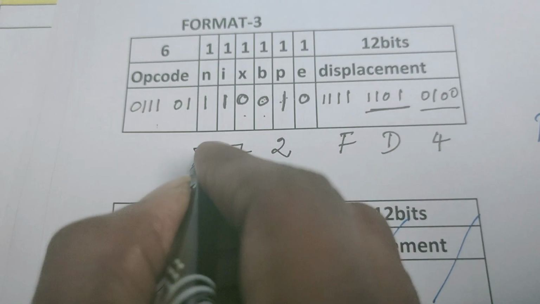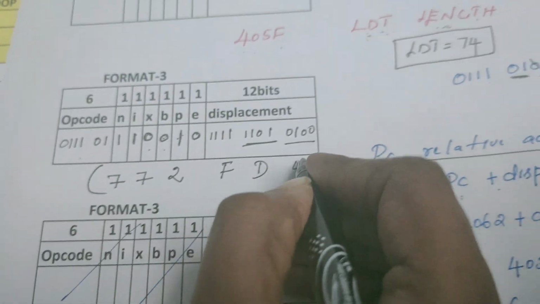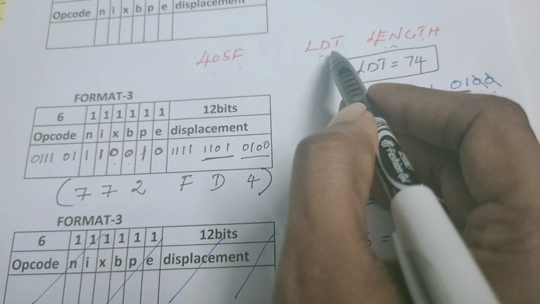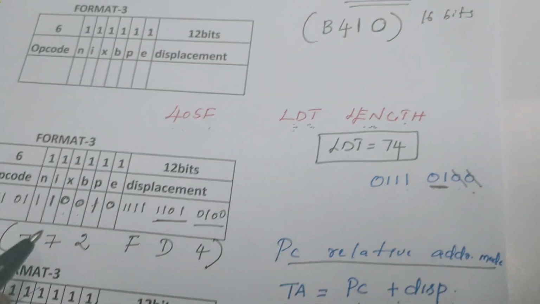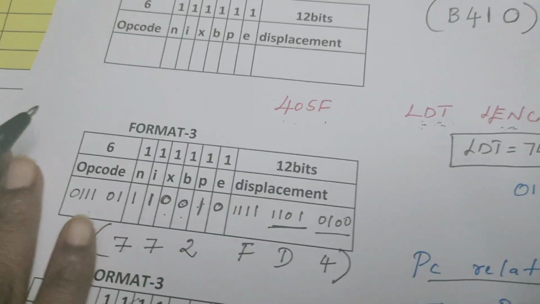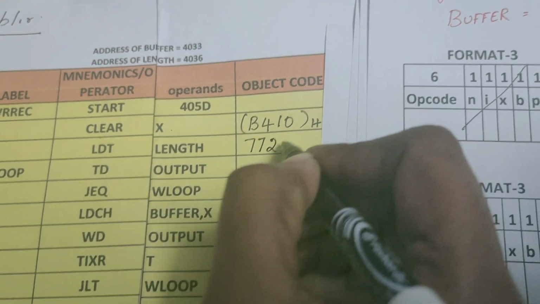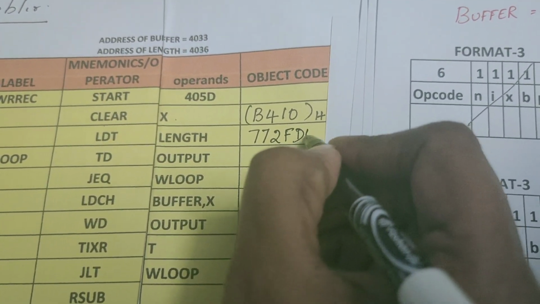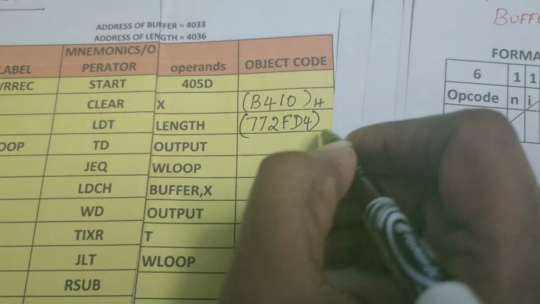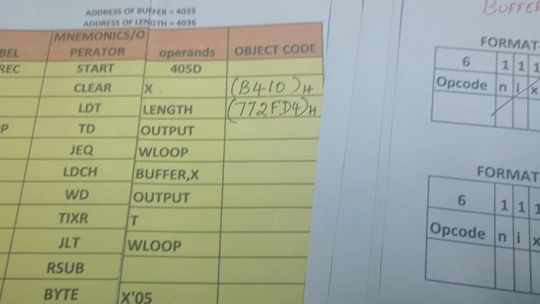This is also 7. So the corresponding object code for the instruction LDT length is, let me write it here, 772FD4. This is the corresponding object code for the instruction.